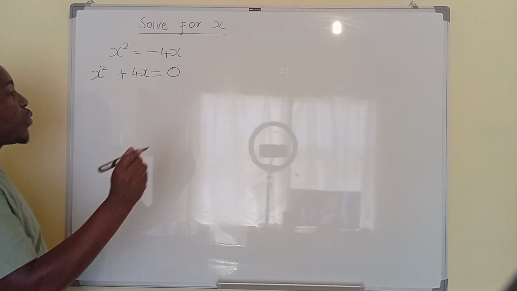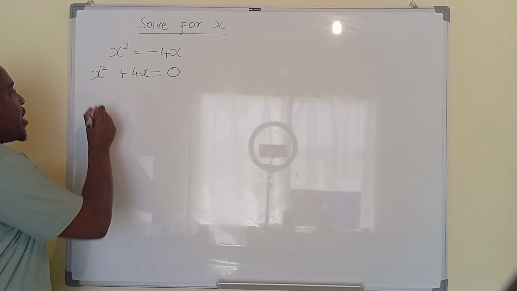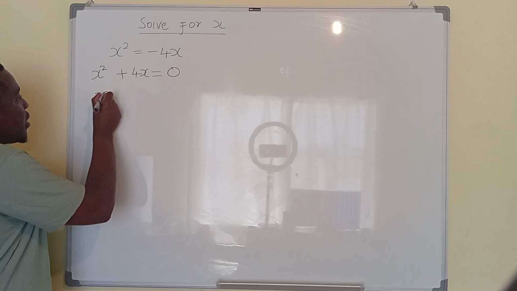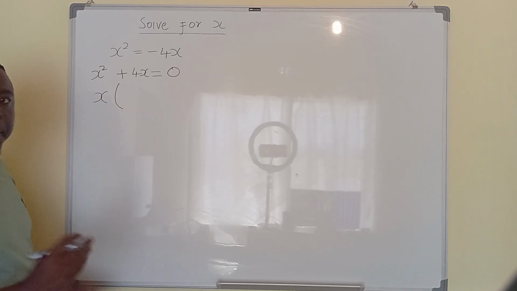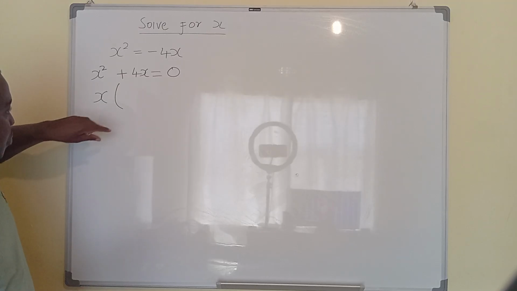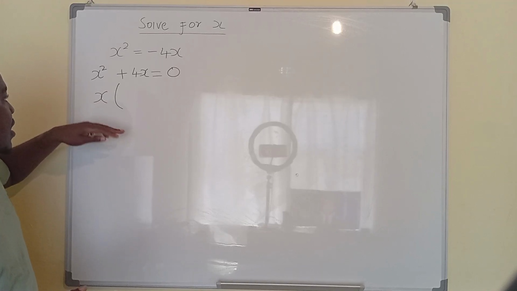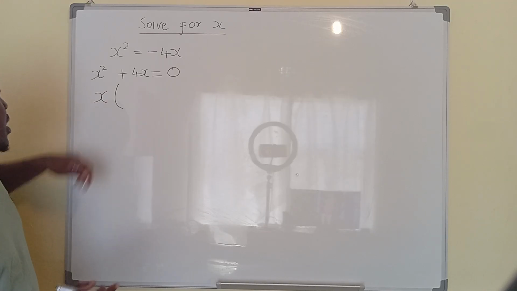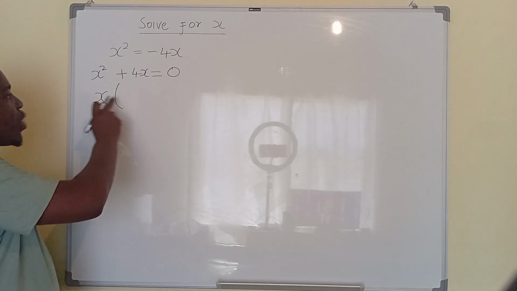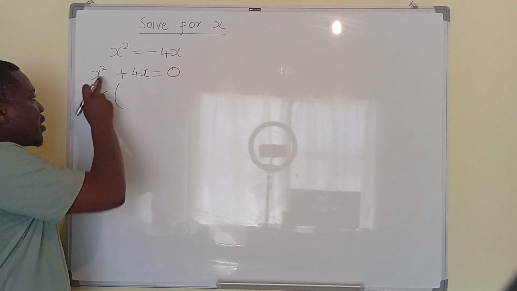So what are we going to do next? We are going to write our common factor here, which is x, and then we open brackets, right? When we open brackets, the next thing that we are going to write is the value that we're going to multiply x by to get x squared.